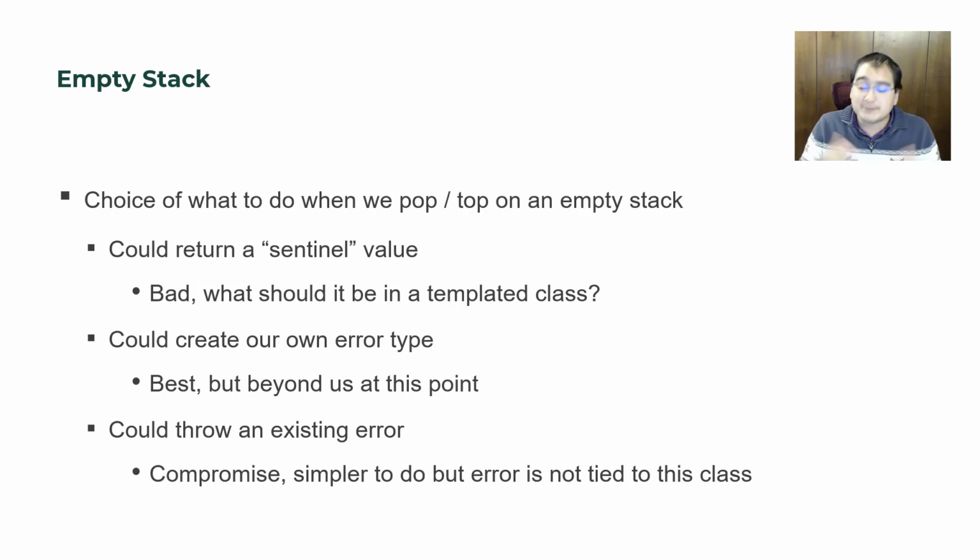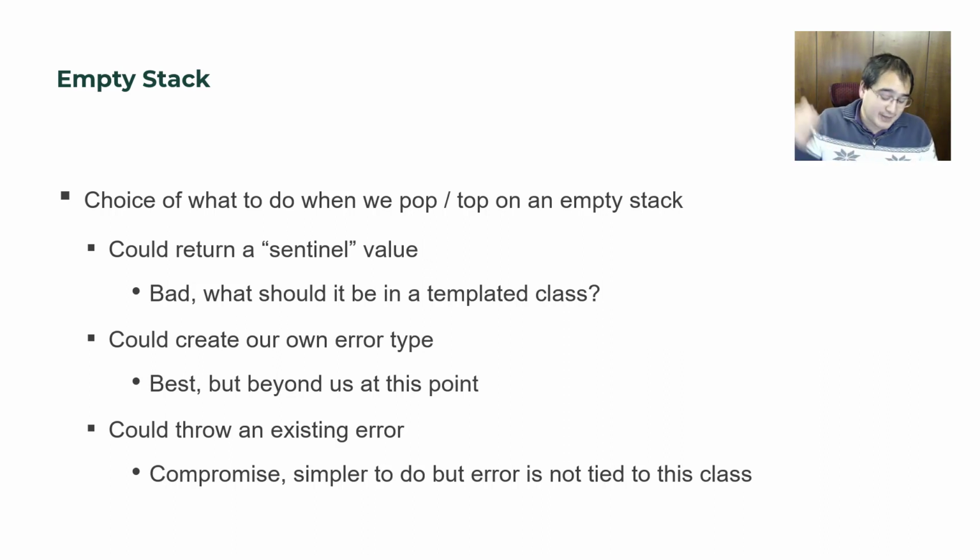Some specific exception that represents what the problem is so that the user can get information about, oh, I shouldn't have called this method at this time. That's really probably the best option, but because I haven't taught you how to make custom exceptions yet, and you will learn how to do those in later classes, it's not something that I can really have you do just yet. The best compromise solution was to throw an existing exception.